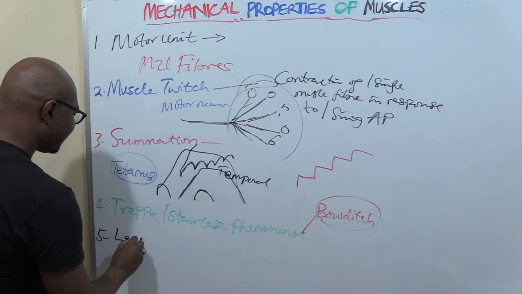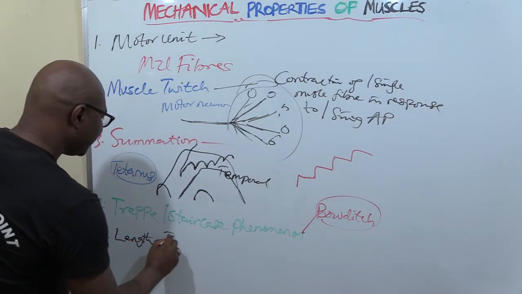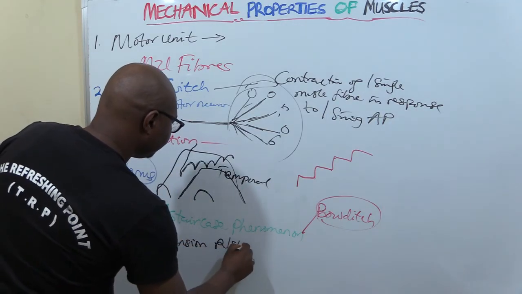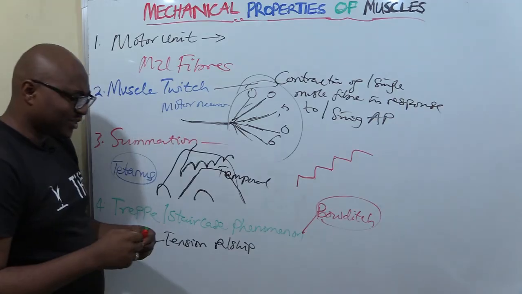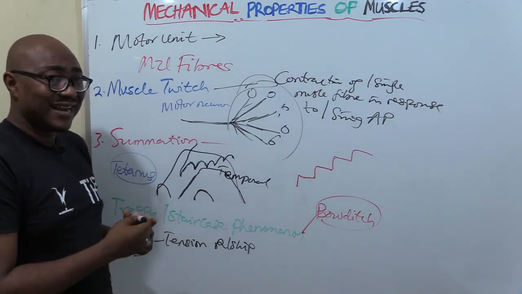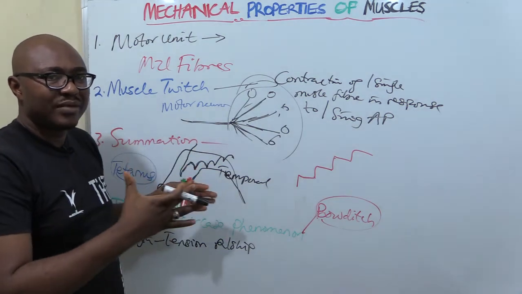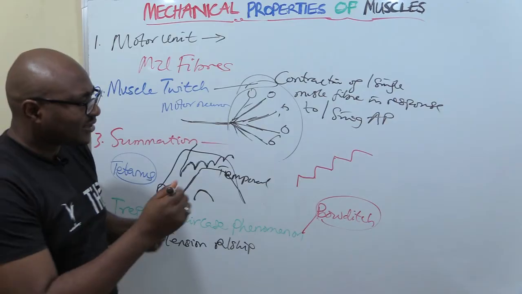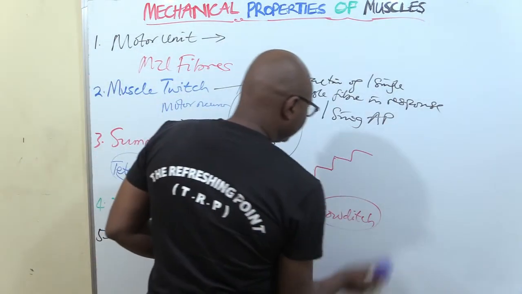The length tension relationship. What's the relationship between the length? This length, we're talking about the length of the sarcomere. Length tension relationship. Now let's draw something like this.